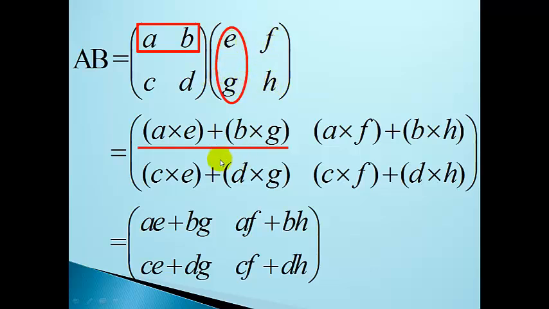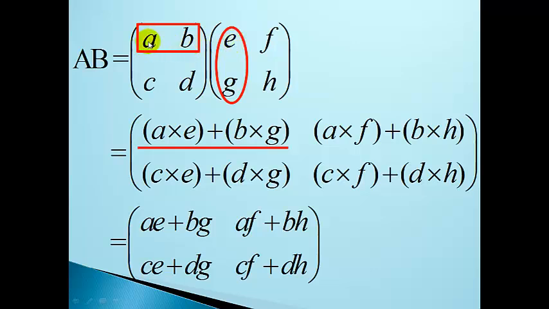Now this is the principle or the idea behind multiplication. If you have two matrices multiplying as shown, the first row of the first matrix multiplies the first column of the second matrix.